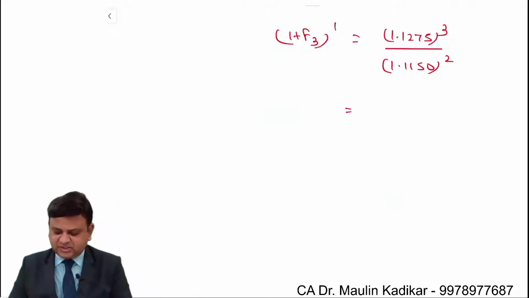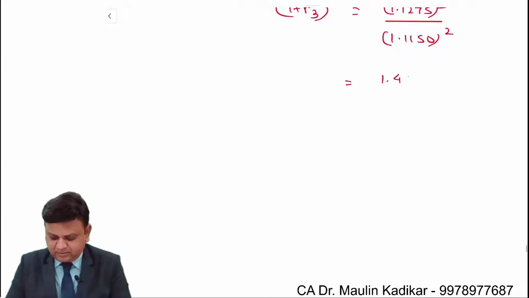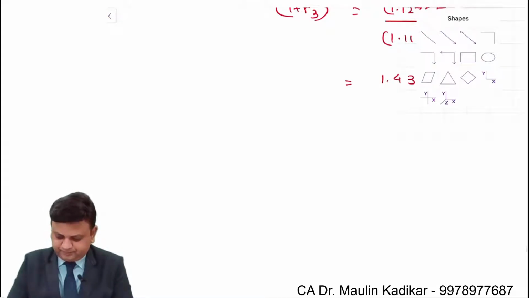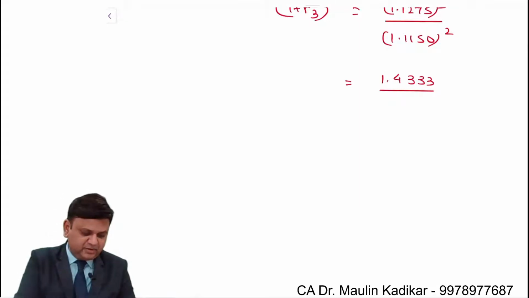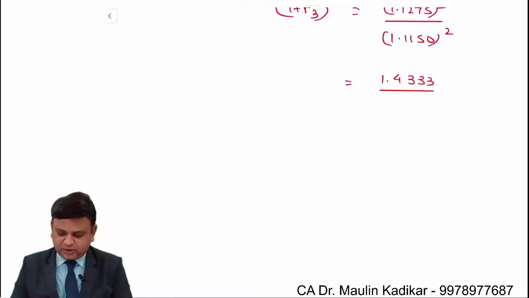So the numerator is 1.4333 divided by 1.115 squared, 1.2432.